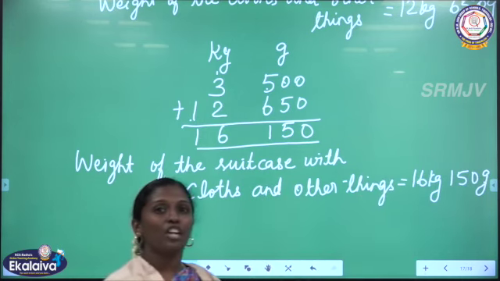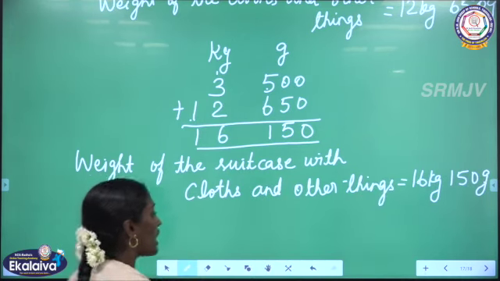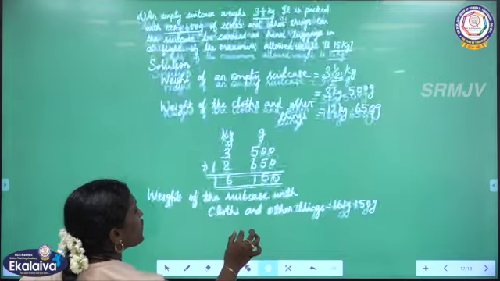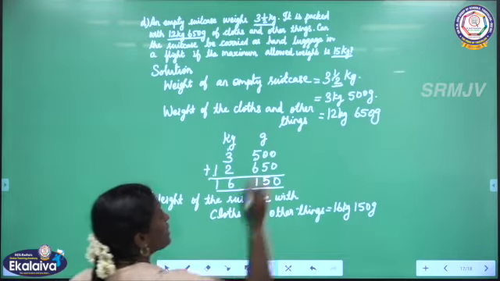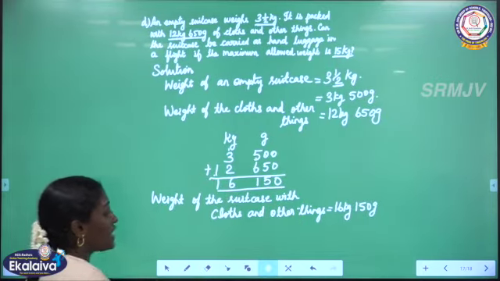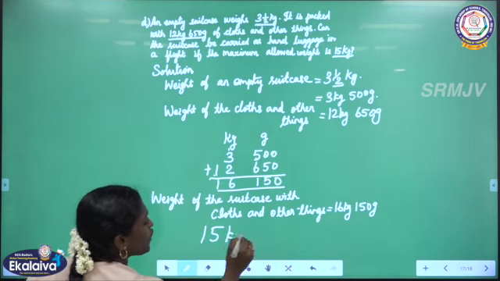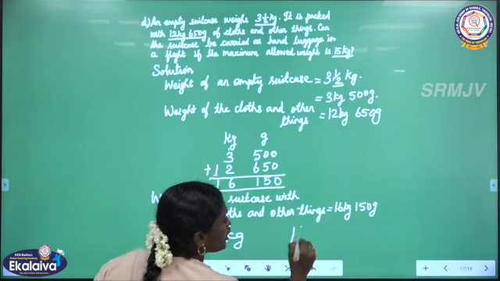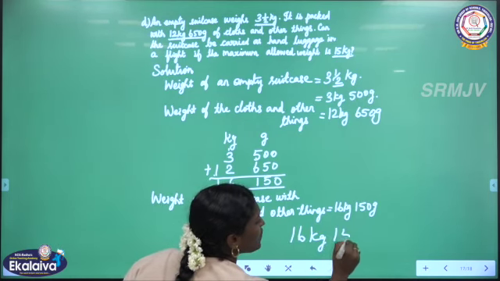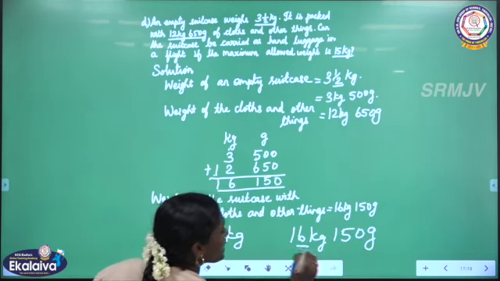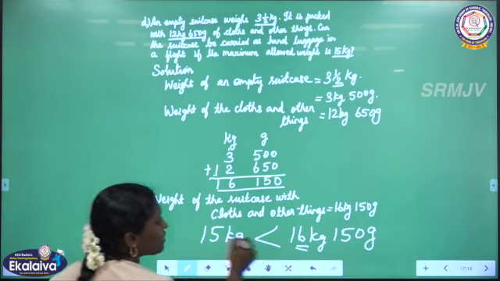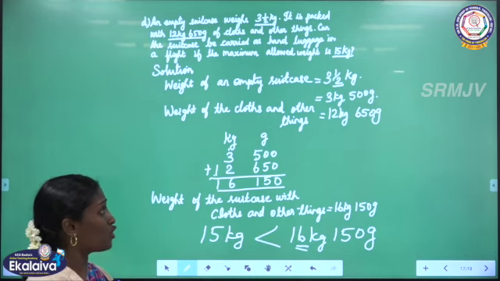But what is the allowed weight in flight? The allowed weight in flight is 15 kilogram, isn't it? See this? The allowed weight which is in flight is 15 kilogram. Now we are having 16 kilogram and 150 gram. So 16 kilogram is greater than 15 kilogram.